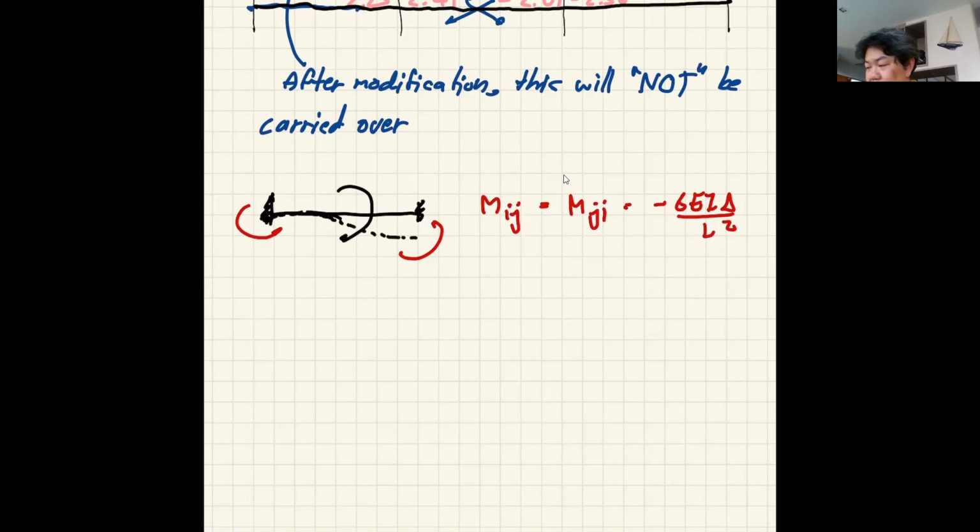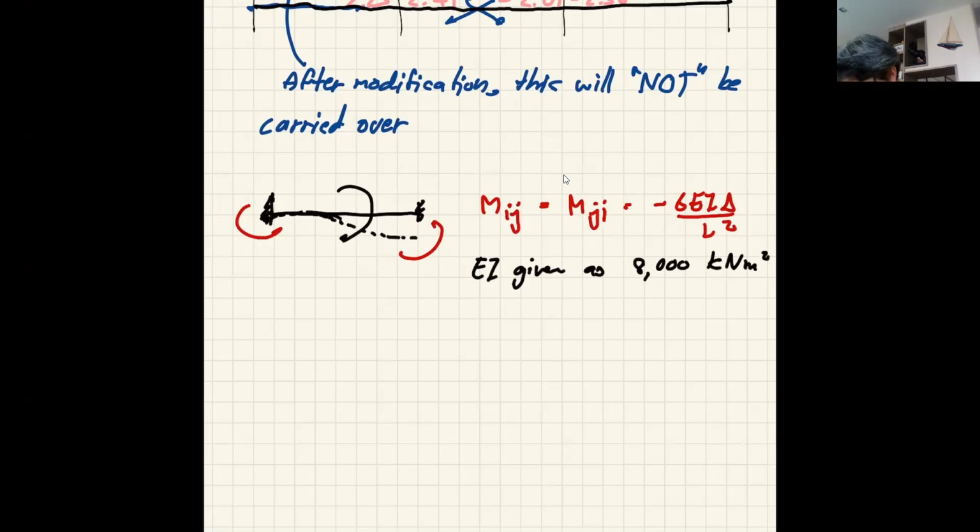Okay, and to be able to calculate the fixed end moment due to settlement, now you need to have the EI value. For this problem, EI is given as 8,000 kilonewton meter squared. So we can now use this formula to calculate the moment.